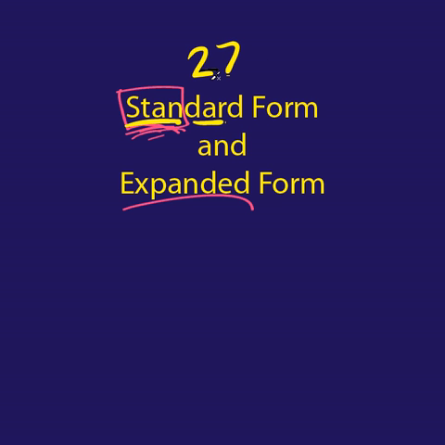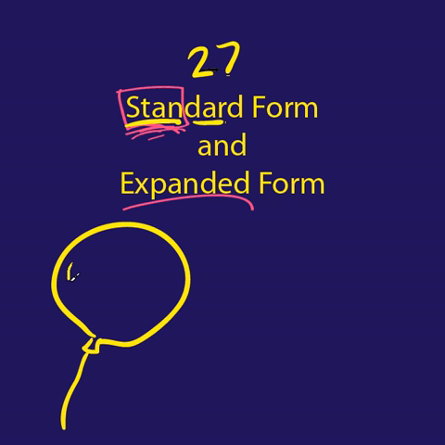So think of that guy with the tie, or your own drawing of the guy, of something normal, standard. And this one is expanded form, and I like to think of expanded form as a balloon. When a balloon starts to get air in it, it expands. So let's just do the big X hands. It expands.